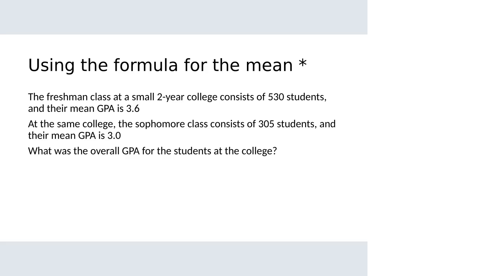What's the overall GPA for the students at the college? So it's a 2-year college, so there's only freshmen and sophomores, that's it. And we know what our freshman GPA is and how many there are. We know what our sophomore GPA is and how many there are. So what's the overall GPA for the students at the college?